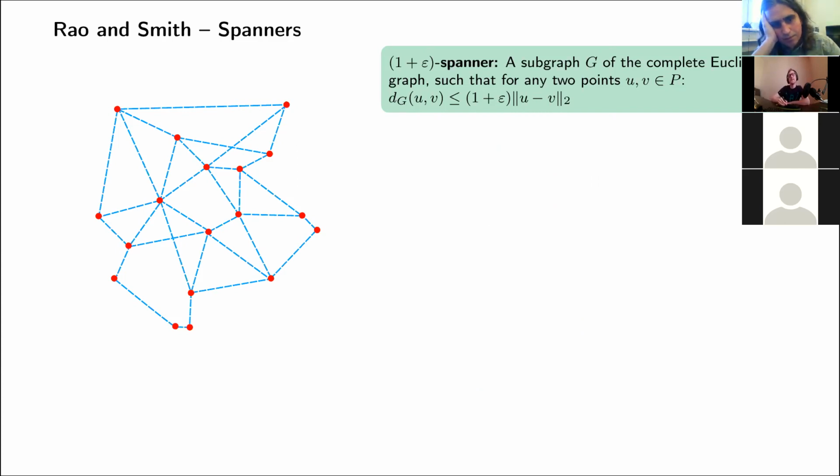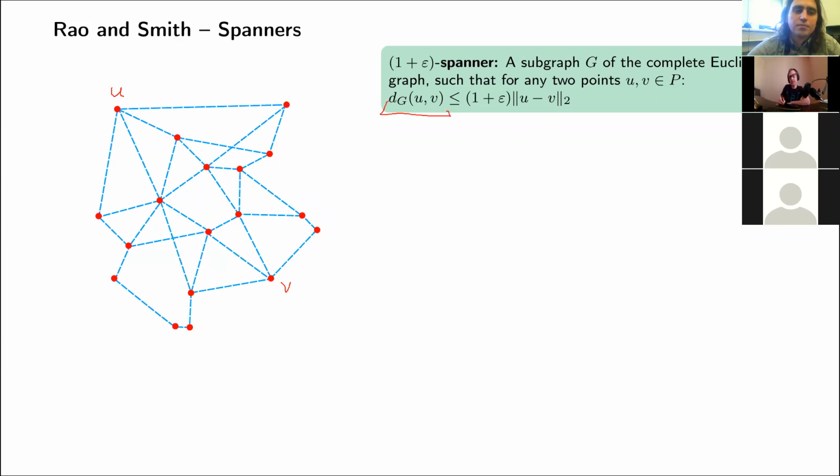A geometric spanner is basically a graph on the plane, such that if you look at any 2 points, u and v, for example, then the distance in this spanner is a good approximation of the real distance between these points, the distance on the plane.